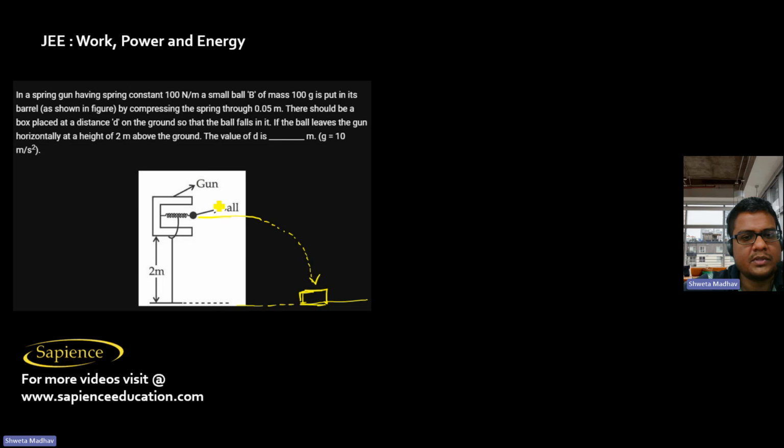The spring is compressed, so then it is placed at distance d on the ground. So this distance d we have to find out. So it is compressed. Okay.